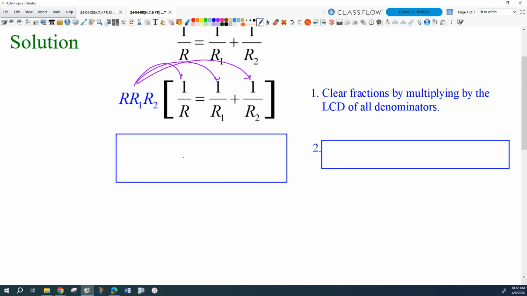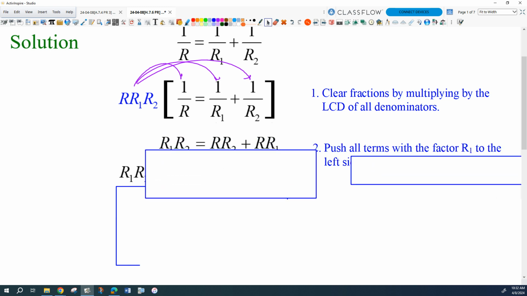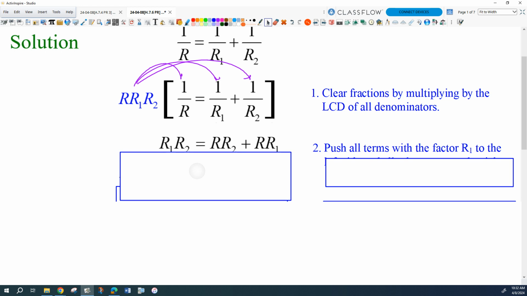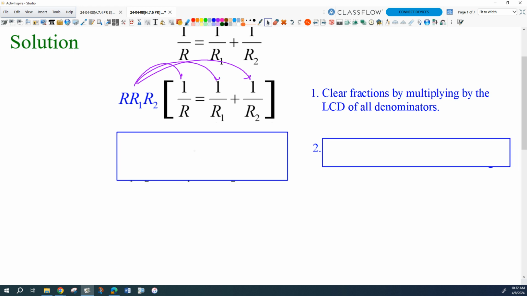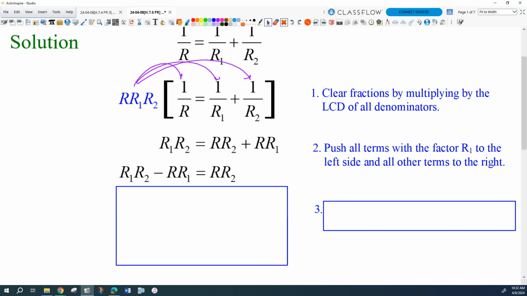So we get that, right? We get R1, R2 on that side. What are we going to get here? R2. R2, and here we get R1. Okay, so like that, right?